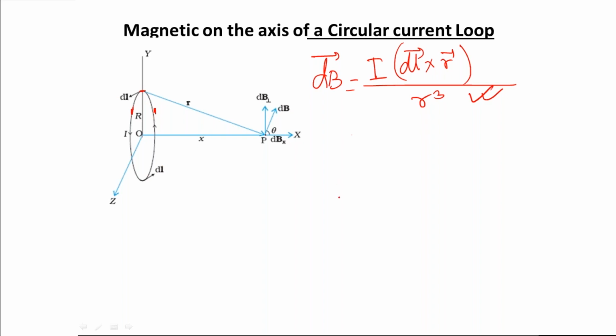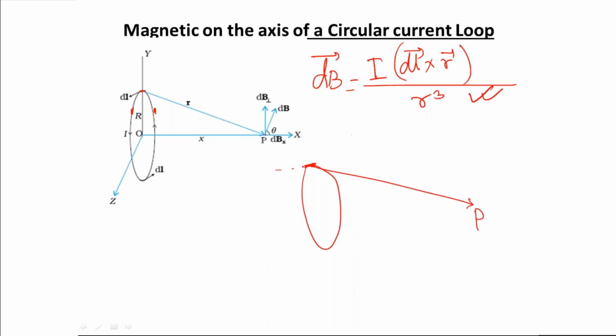So how to do that? I just take this loop. If I take any element and radius vector, that means the line joining the point where I am calculating the magnetic field, P, and this element, they will always be perpendicular to each other, since this is a circular loop.